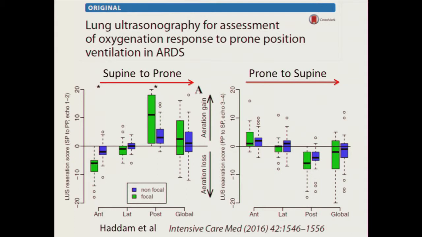So the patient with focal loss of aeration in green, they increase aeration in the posterior, dependent regions of the lung after proning, and decrease a little bit the aeration in the anterior part of the lung. Whereas patients with non-focal or diffuse loss of aeration had no change.